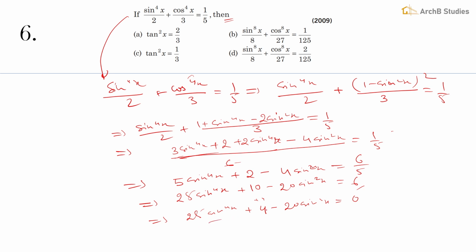Now this can be written in the form of a minus b whole square. So this will become (5 sin^2 x minus 2) whole square equals 0. This can be simplified as sin^2 x will be equal to 2 by 5.